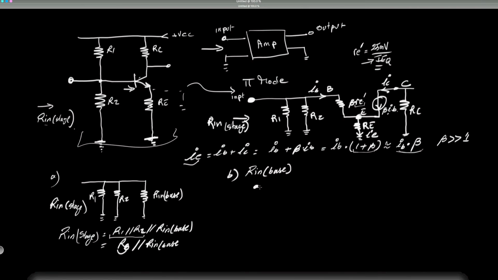And here's the base right here, this point right here. What we're seeing is beta times little Re prime, some resistance Re this way. And we're interested in Rn base as we see it from here. So what would that be? Well, we know we have a current IB going here. So in other words, can we assume we have a voltage Vn from here to here?